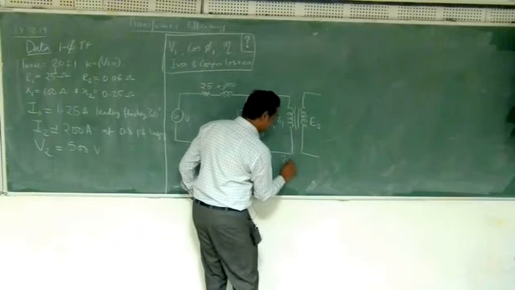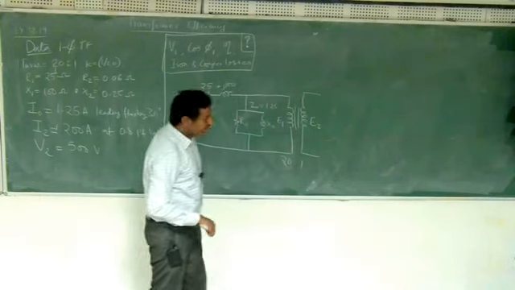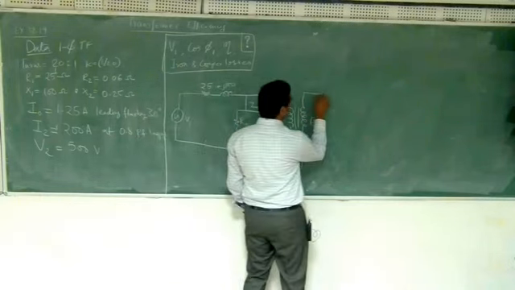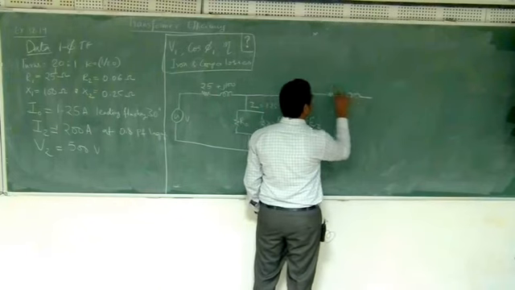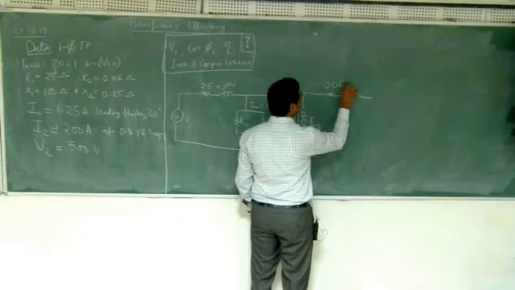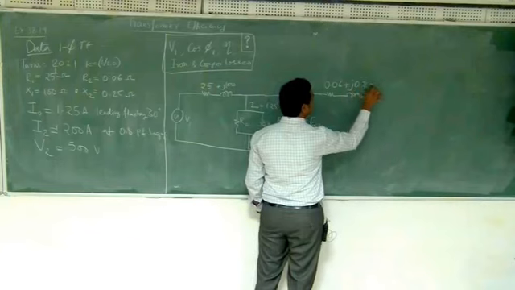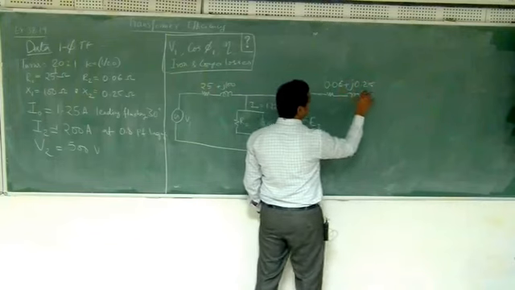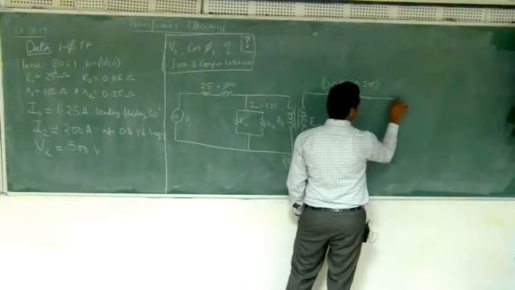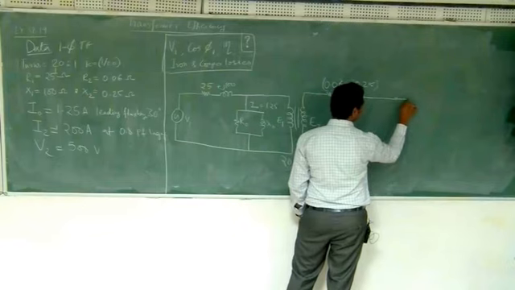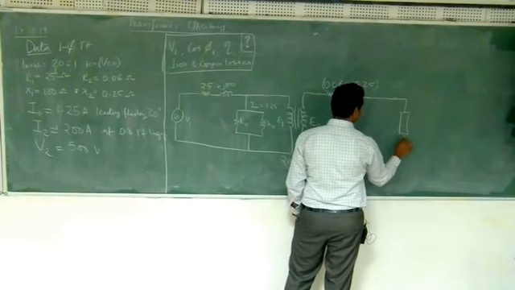This is 20:1. Then on the secondary side I have 0.06 plus j0.25. This is the impedance. Then there is V2, and then there is some load.